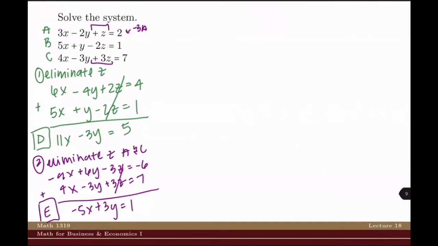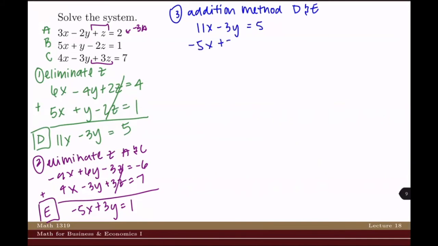So now we just treat this like a system of 2 equations instead of the 3. So step 3 is going to just be to do the addition method with equations D and E. So we have 11x minus 3y equals 5, and then we have negative 5x plus 3y equals 1.